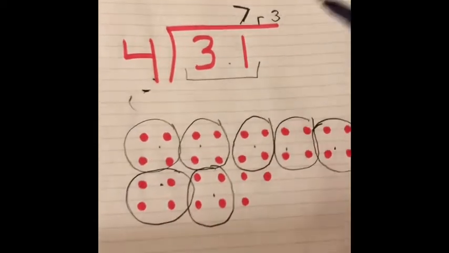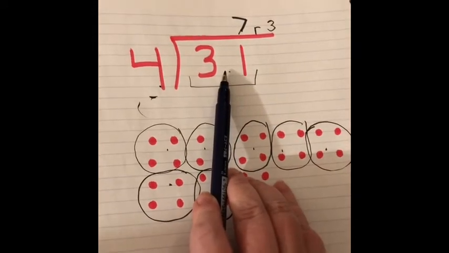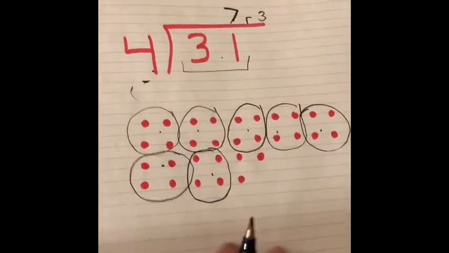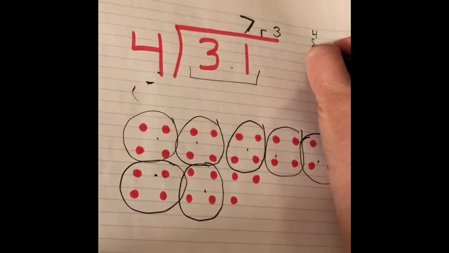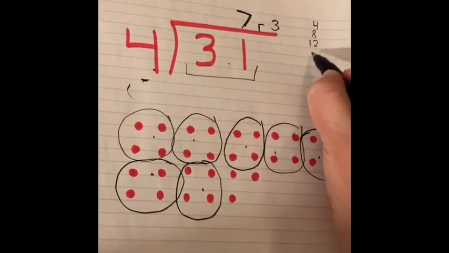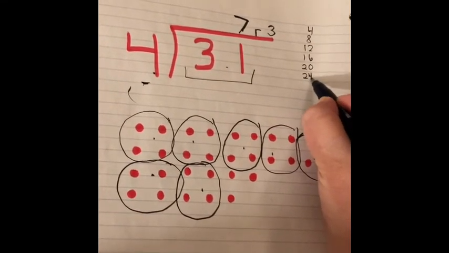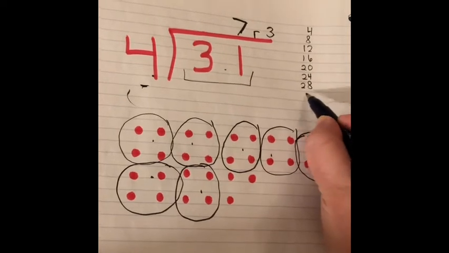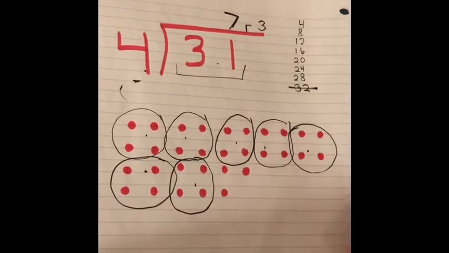So we're going to come out here and skip count by 4 until we pass 31, and then we're going to hit the brakes. So we would have 4, 8, 12, 16, 20, 24, 28, 32. Right there, we've got to hit the brakes.